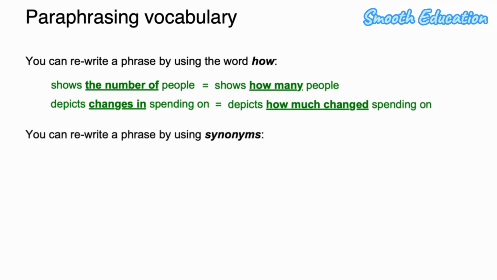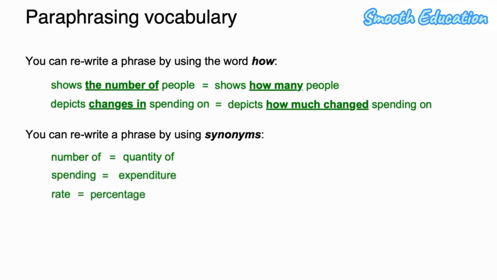Also, you can rewrite a phrase by using synonyms. For example, you can replace the following phrases. Number of is equal to quantity of. Spending can be replaced with expenditure.